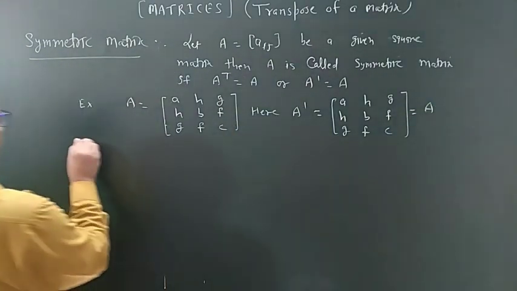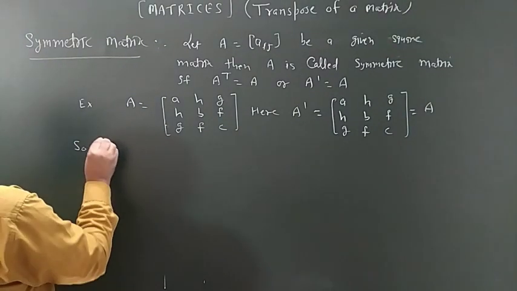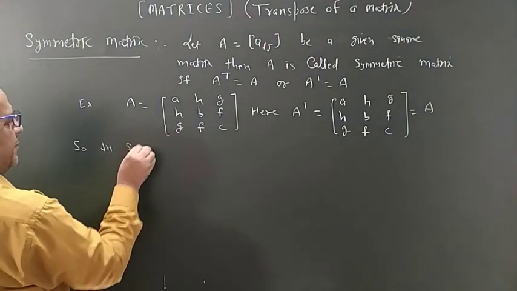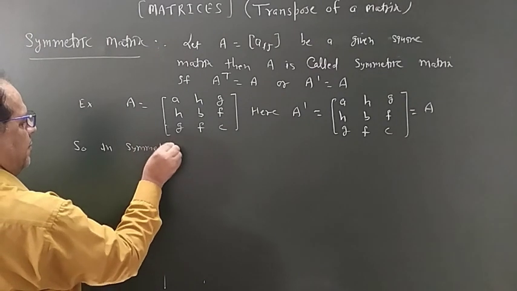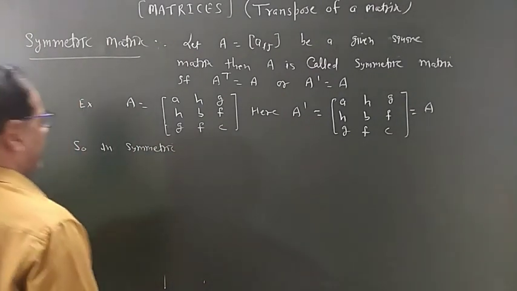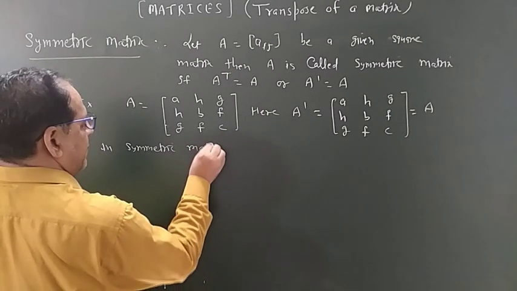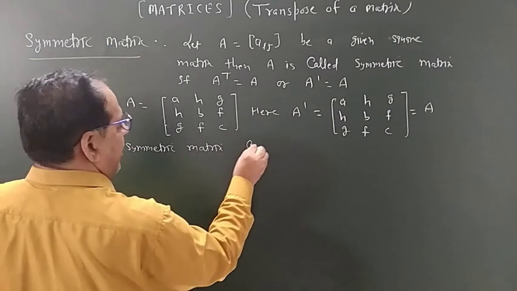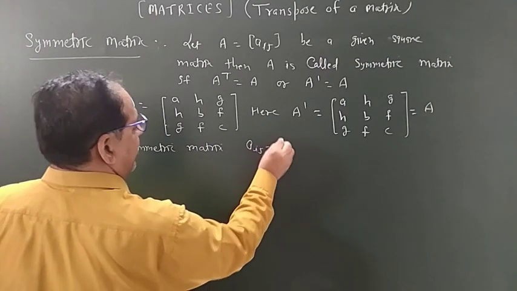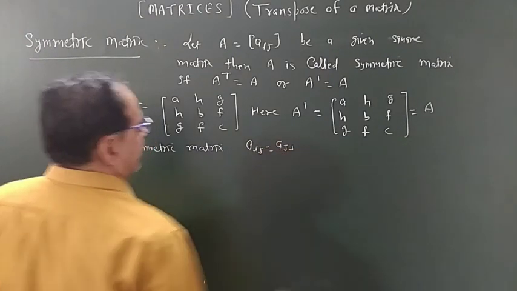So in a symmetric matrix, Aij equal to Aji.